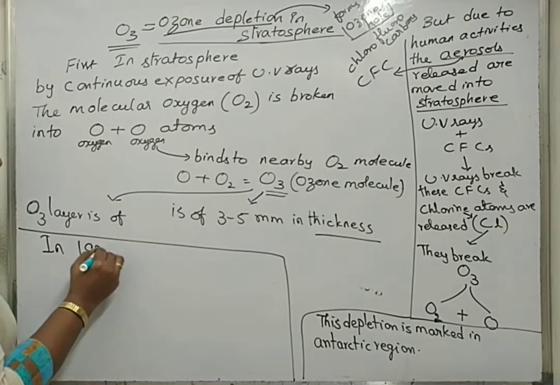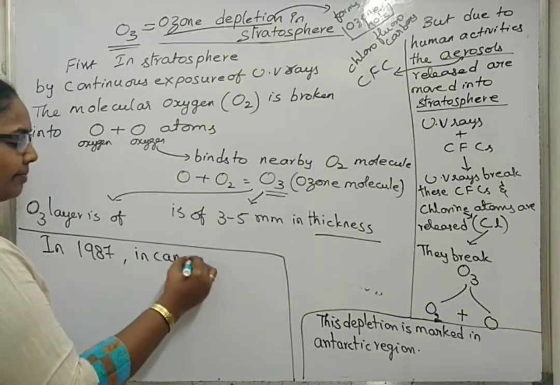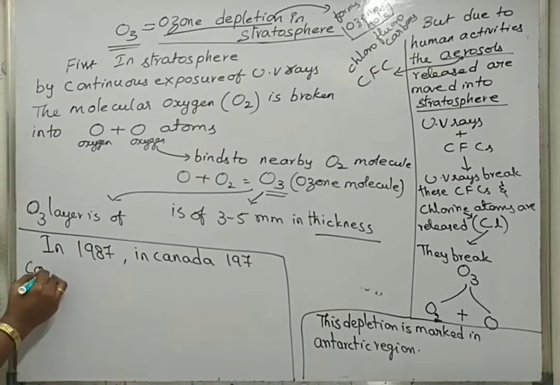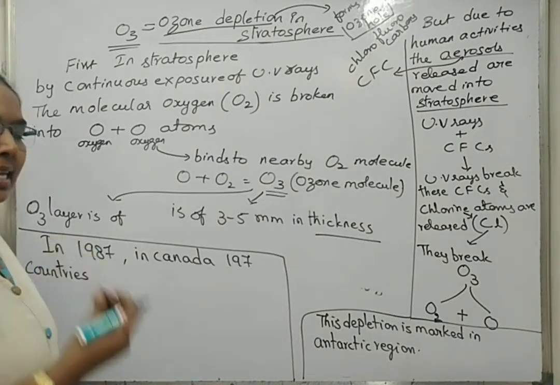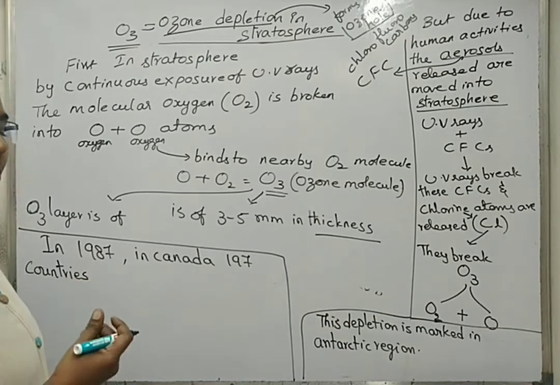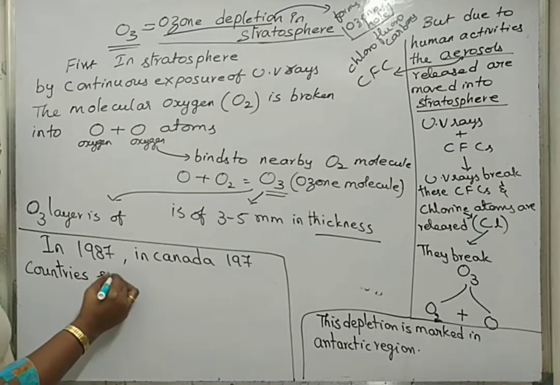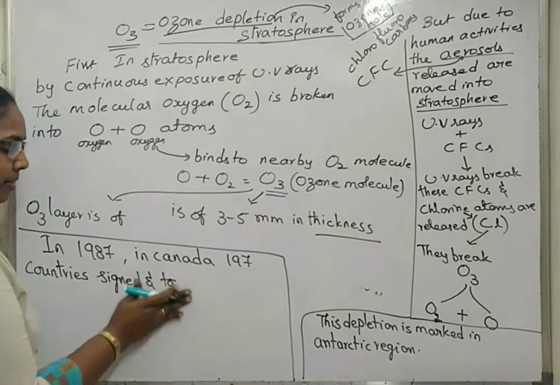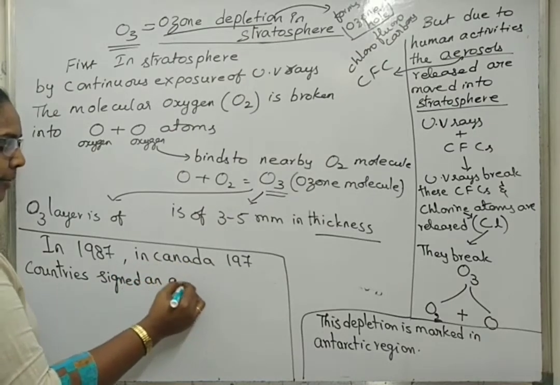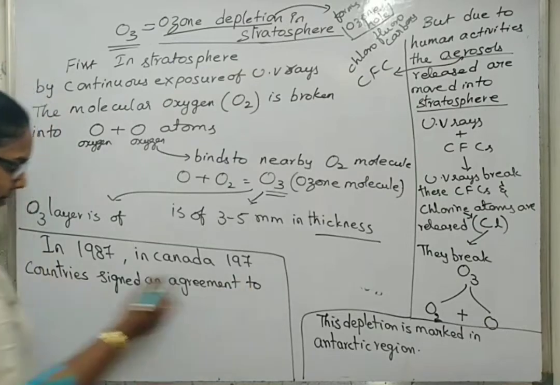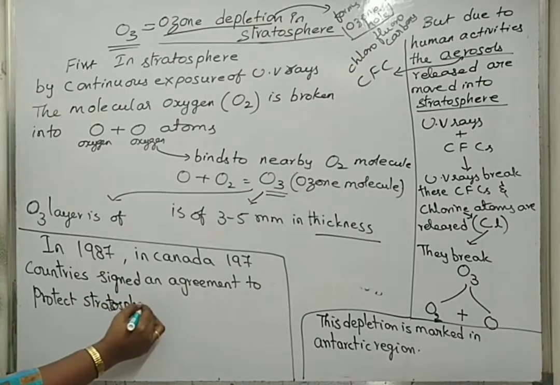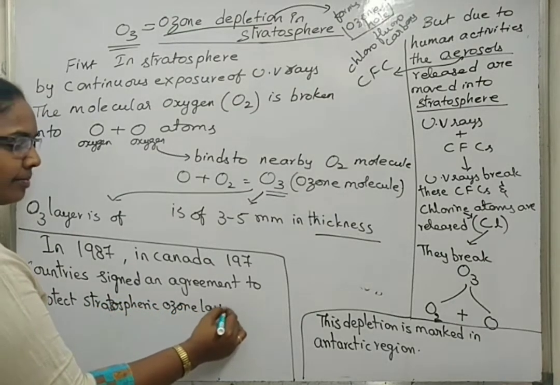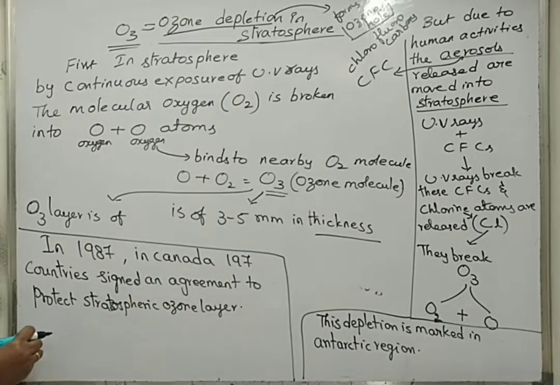In 1987, in Canada, 197 countries took a step and signed an agreement to protect the stratospheric ozone layer from the substances that are responsible for ozone depletion.